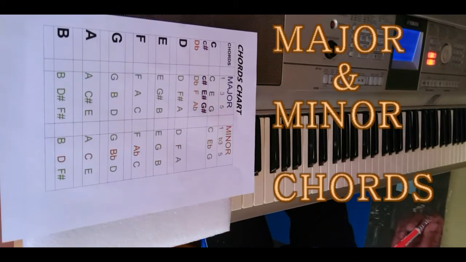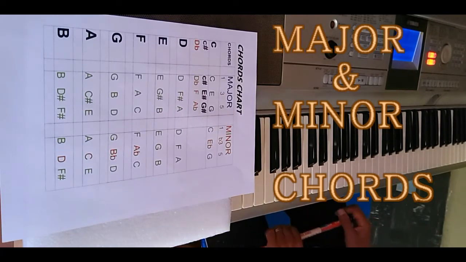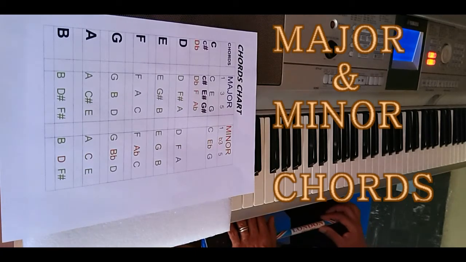I will show you how to derive all the chords. But first of all, we must learn 7 major chords, and then we will derive the minor from it. And in the next tutorial, I will teach how to derive 7th chords, 9th chords, etc.